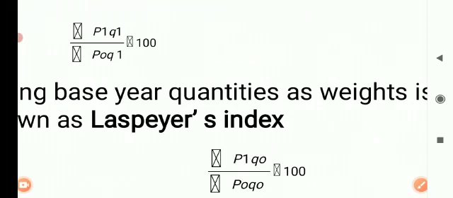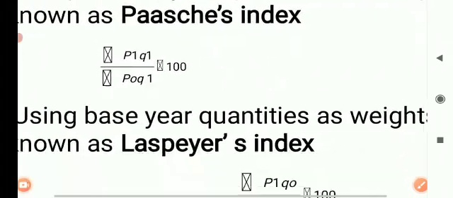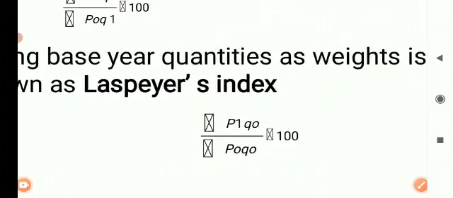In the Laspeyres method, he used base year quantities as weights. In the Paasche method, he used current year quantities as weights. Look at the Laspeyres equation here: summation P1 Q dash divided by summation P dash Q dash, into 100. If you are going to calculate index numbers with the Laspeyres method, this equation is very important.